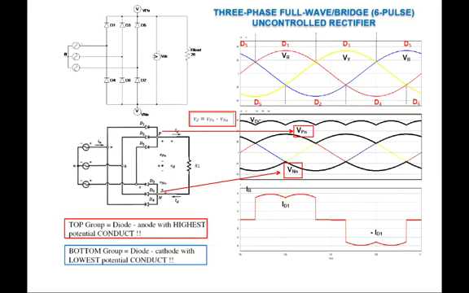So if you apply the KVL rule following that loop, then we have plus VNN minus VPN plus VD, to get the output voltage. So if you rearrange, then the output voltage VD equals VPN minus VNN.